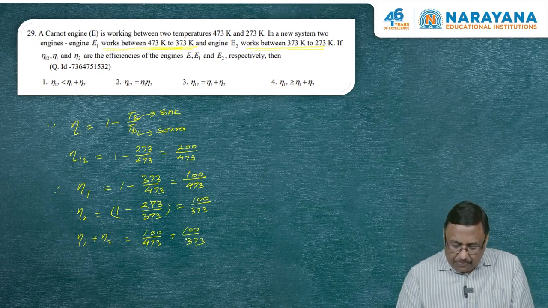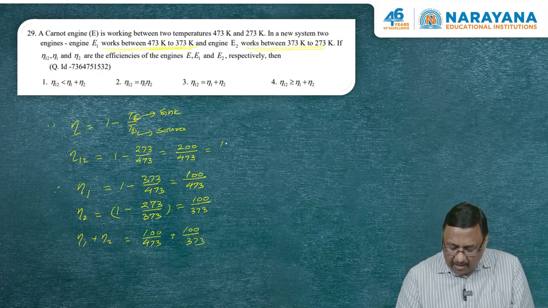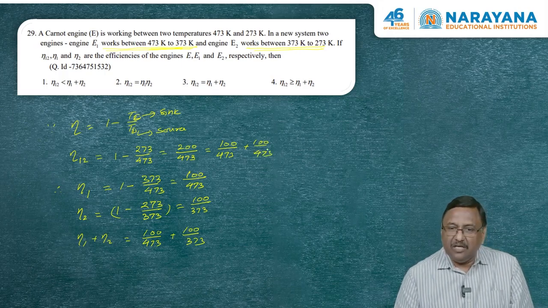It gives a very obvious picture. If I write eta 12 here and I split it in this way, 100 divided by 473 plus 100 divided by 473. Here my denominator is going to be 473 in this case, but if you see here in eta 2, it is going to be 373. This denominator is becoming a smaller quantity. That means this quantity is going to become a larger quantity.